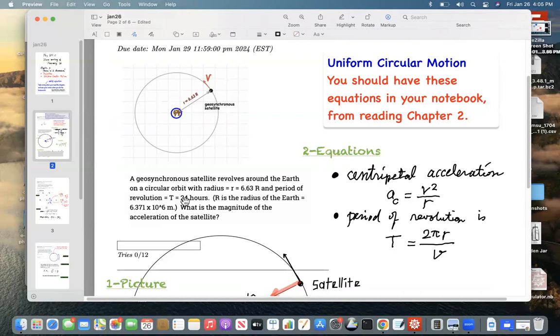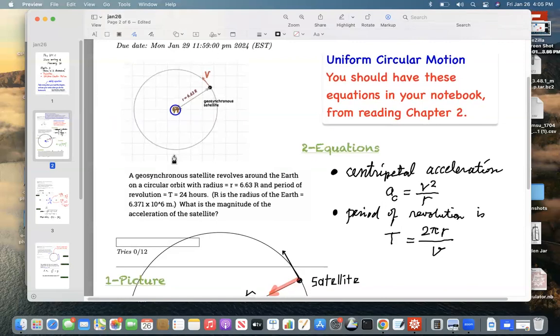The radius of the Earth is a number that you're going to need in this problem. So that's 6.371 times 10 to the 6th meters. 6,371 kilometers, or about 6 million meters.